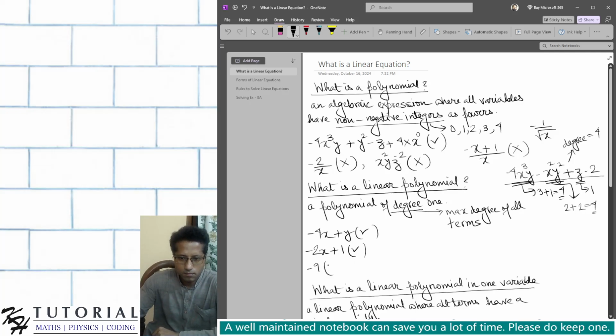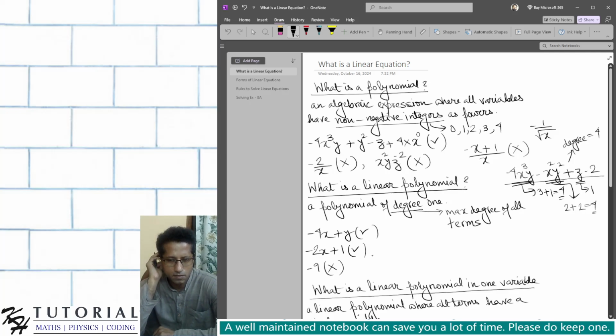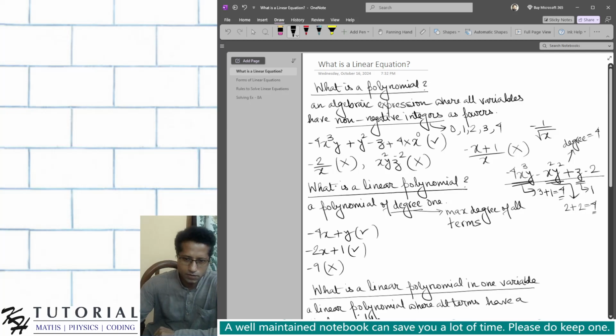No. Because the degree of the polynomial minus 9 is 0, but a linear polynomial has degree 1. The first two polynomials, minus 4x plus y, have degree 1, because in minus 4x plus y, the degree of the first term minus 4x is 1 since the power of x is 1, and the second term also has degree 1.